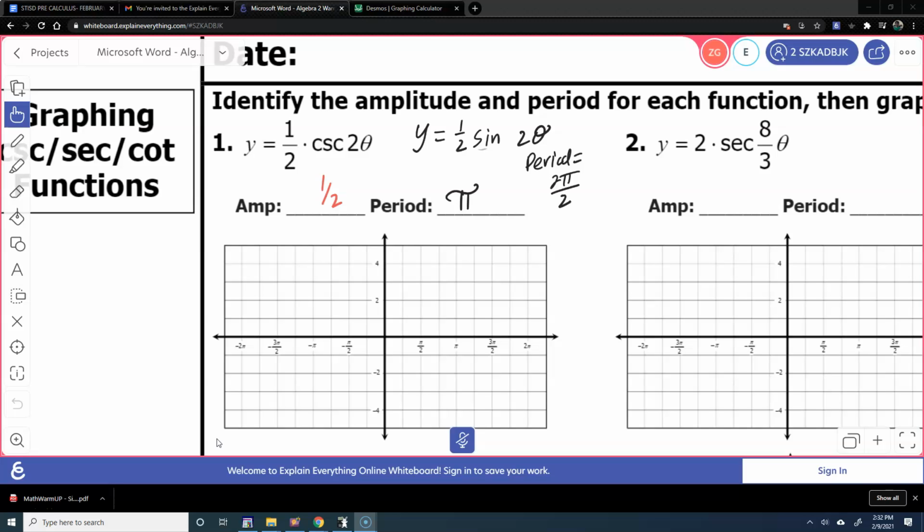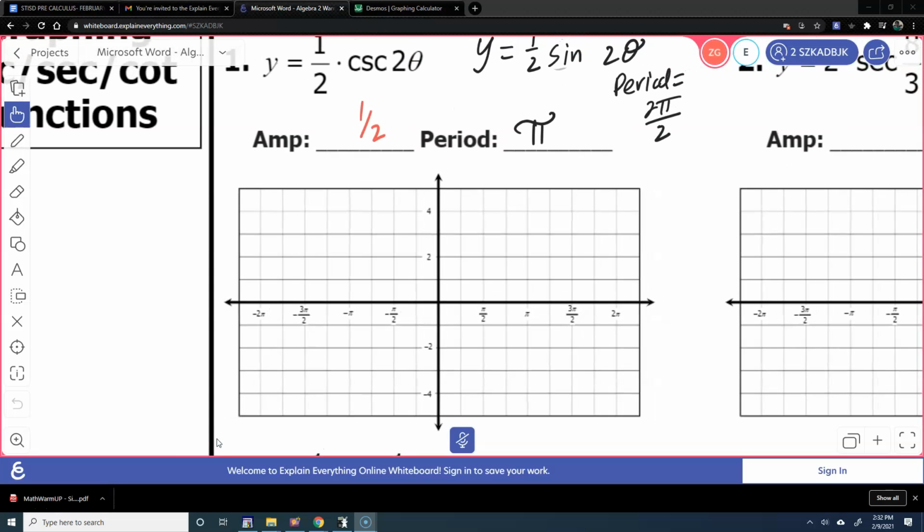So in order for me to sketch cosecant, I have to sketch sine, and then from sketching sine, I can identify the asymptotes, and I can also identify the cosecant graph. So I'm going to go ahead and make this larger. I know that for sine, it's going to start here, and for this particular period, it's going to end at pi. So in between 0 and pi will be pi over 4 and pi over 2.